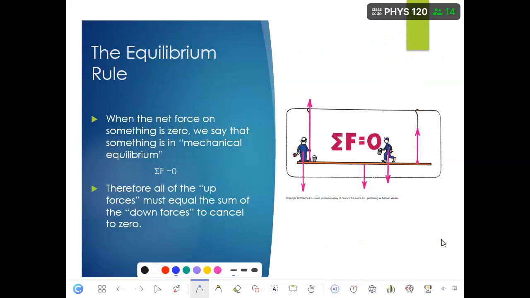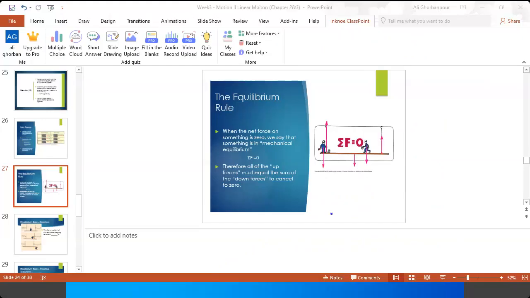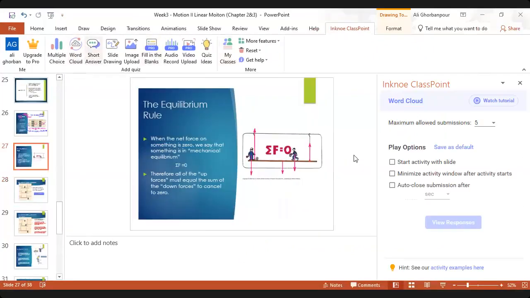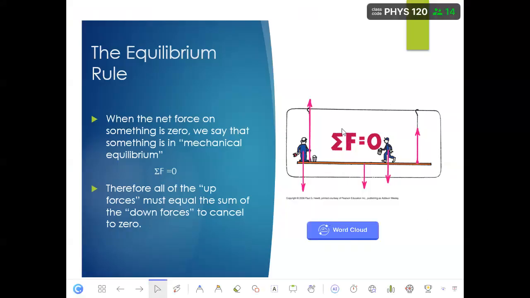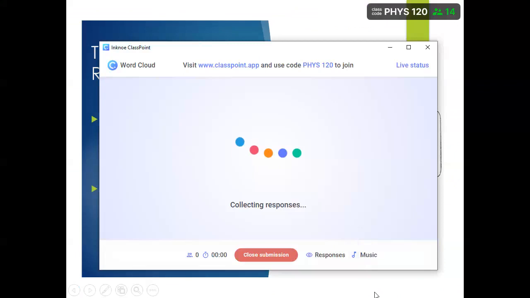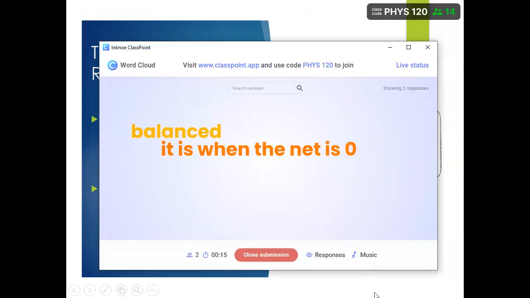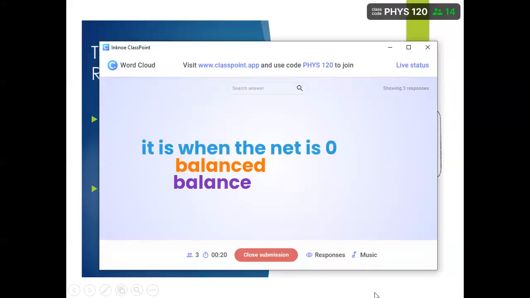Equilibrium. What is equilibrium? Write down anything that you know about the equilibrium. You can search, okay?